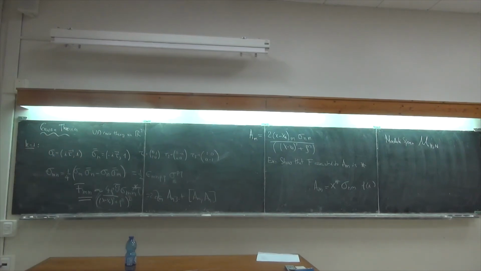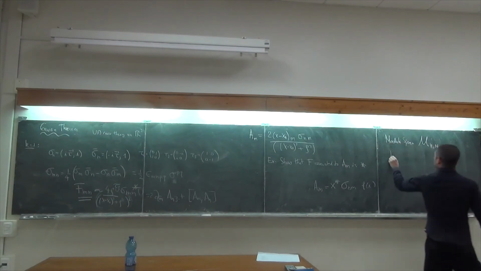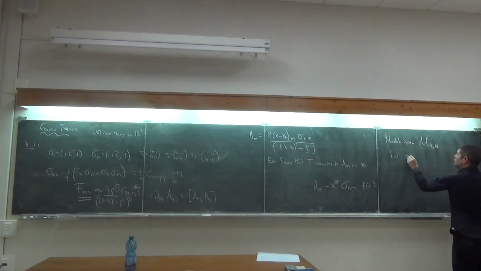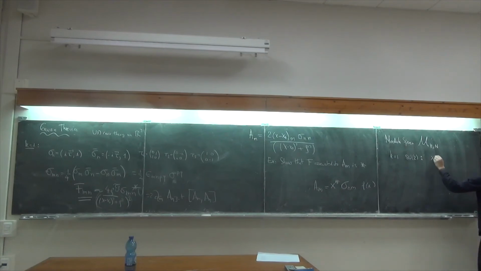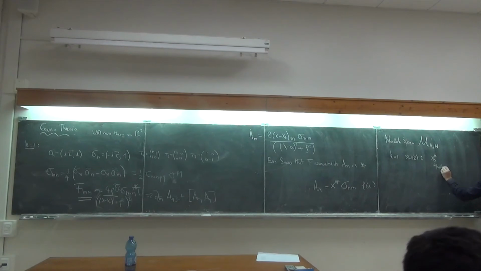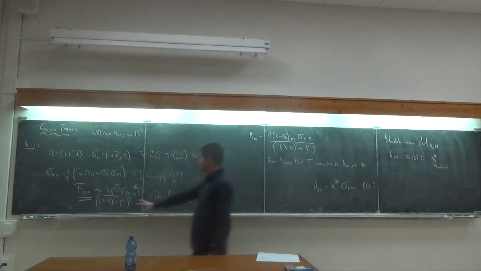Therefore, what we learn is that for k equal to 1 for SU2, the number of parameters are x0, which are positions. The position of the instanton.